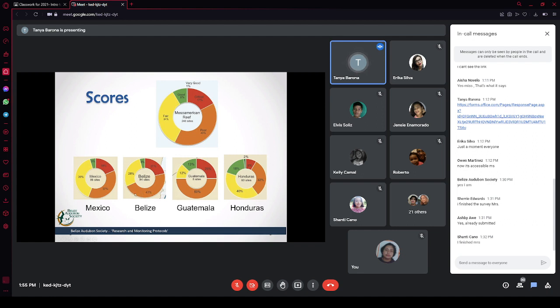And again, this is from sampling and replicating in multiple samples that we're able to get a wider representation of what's happening on the entire reef. Guatemala is at 50% being poor. Honduras is lower, and Mexico is also lower than Belize.